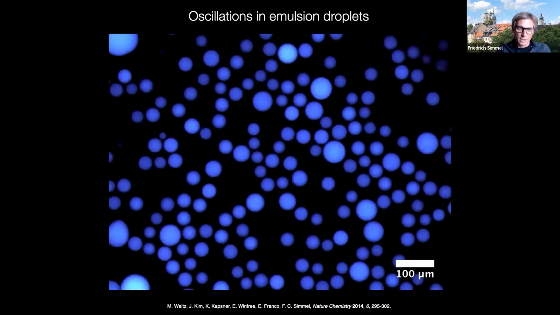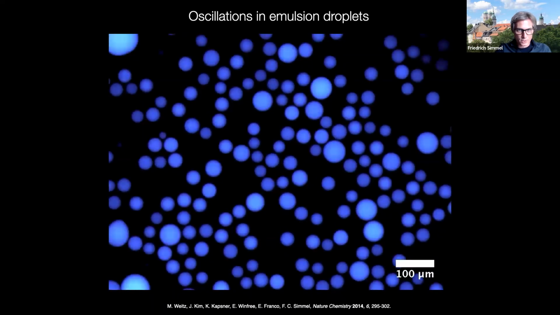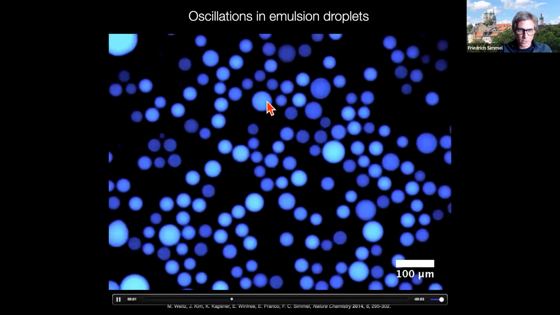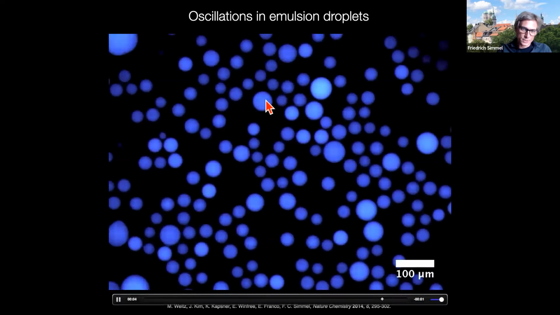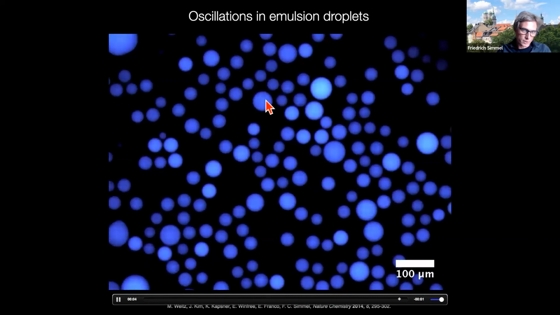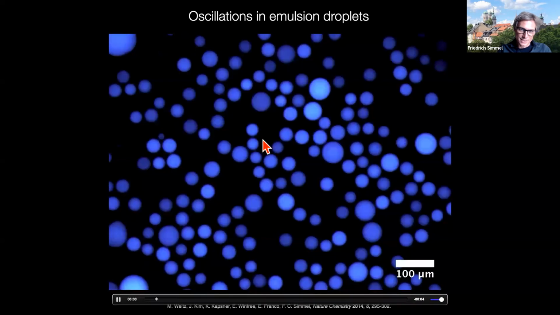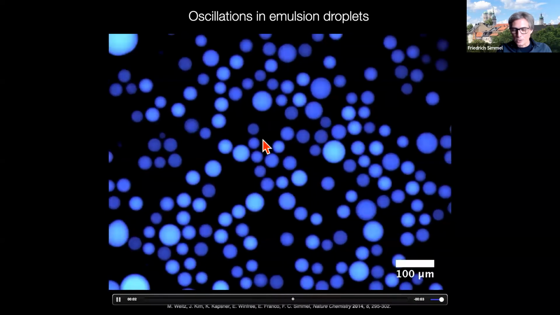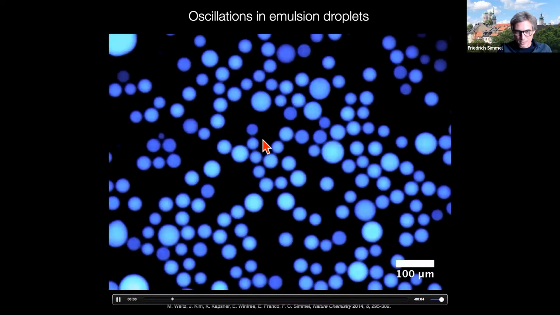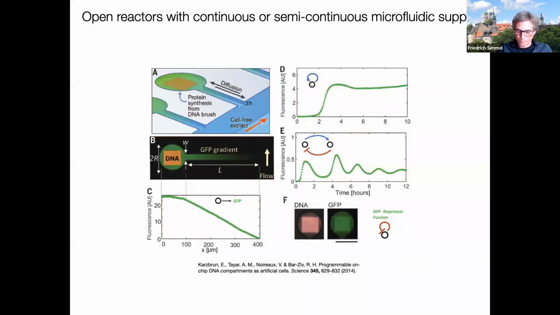Here's an oscillator that we worked on many years ago that's based only on transcription reactions, also compartmentalized in droplets. Here you see that it's oscillating, but then it's dying out, and you don't have a long-running oscillation. That's a cycling video. Also simply because all the contents, the nutrients, are exhausted, and the system just stops at one point.